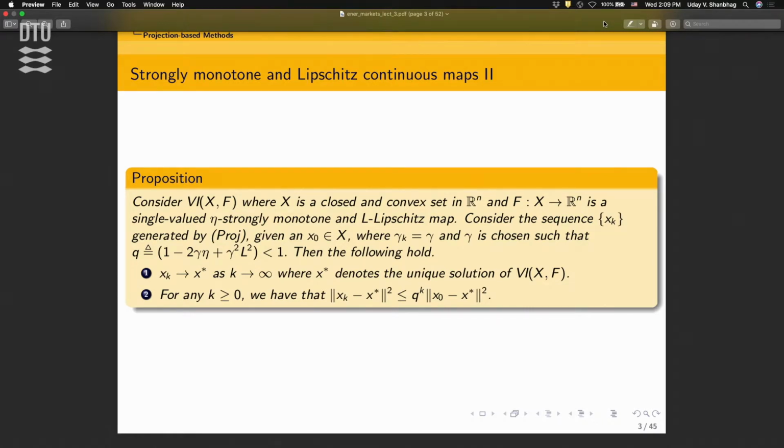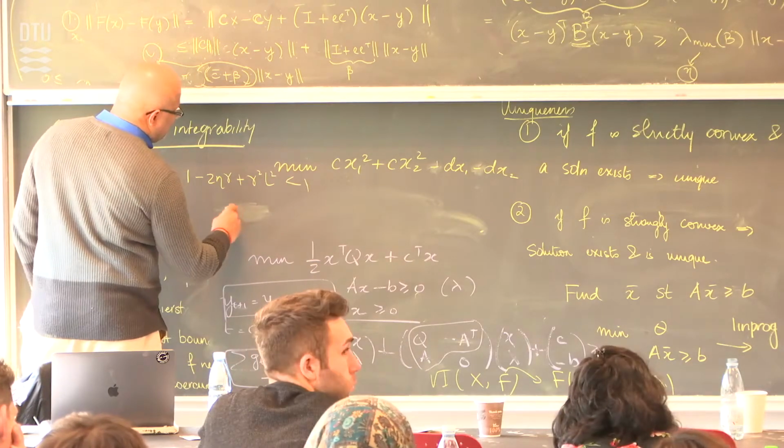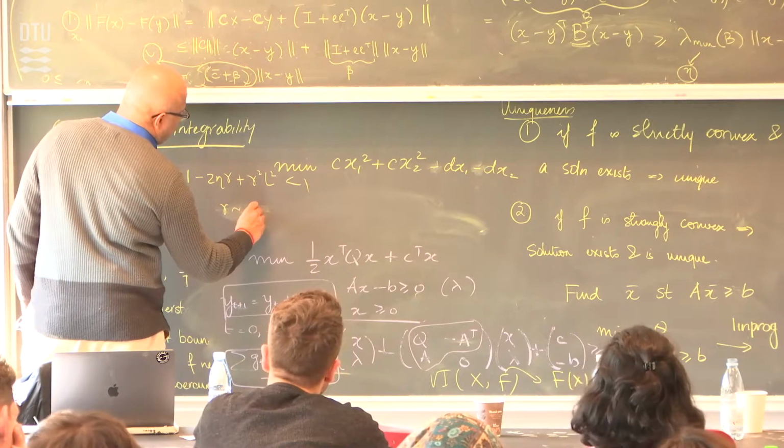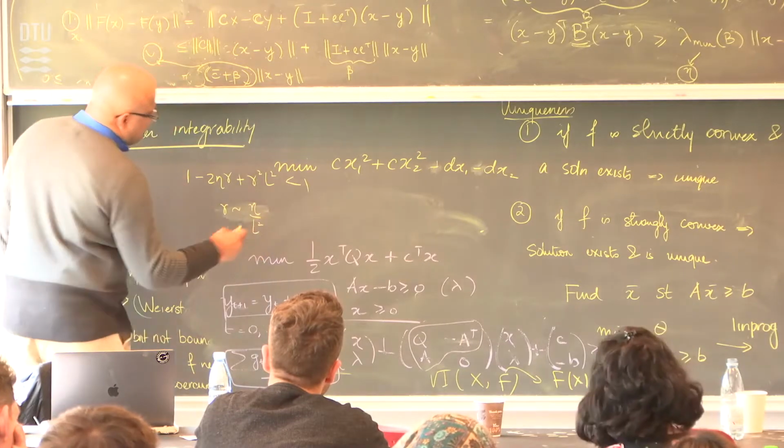And if I choose gamma as a constant such that this holds, and I'll show you that you can choose gamma, so that I want to get this to be less than 1, to be something of the order of eta over L squared. That works.